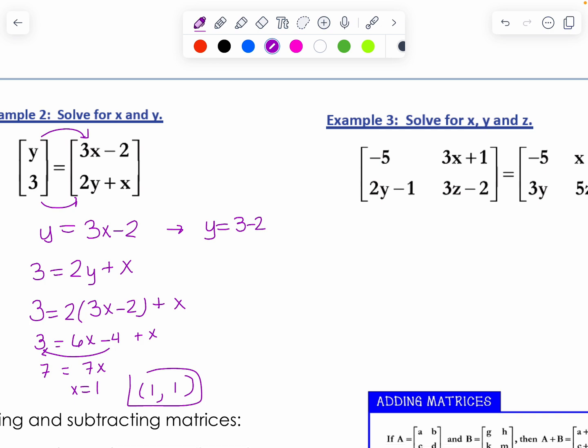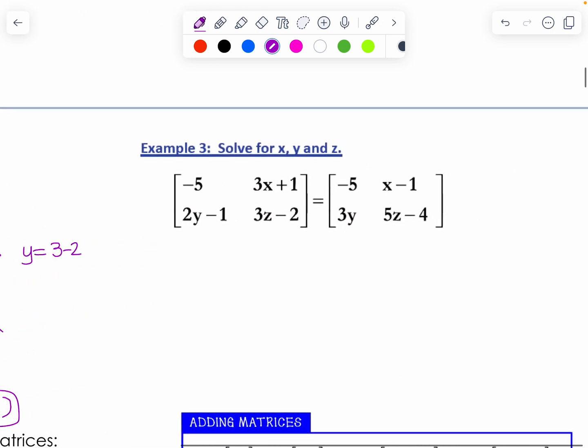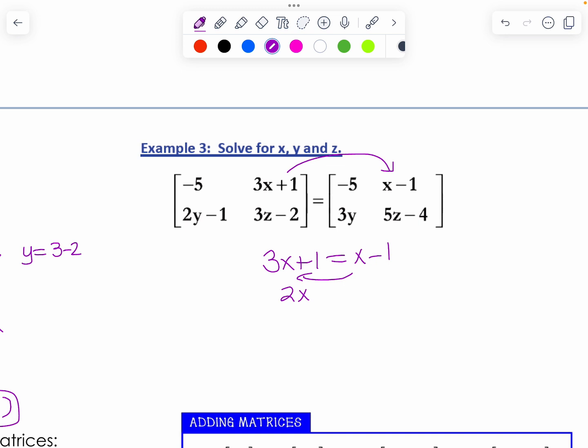I could do the same type of thing for this next one. What I would have to do here is 3x plus 1 equals x minus 1. So I could subtract x, and 2x equals negative 2, so x equals negative 1. Then I could set 2y minus 1 equals 3y.